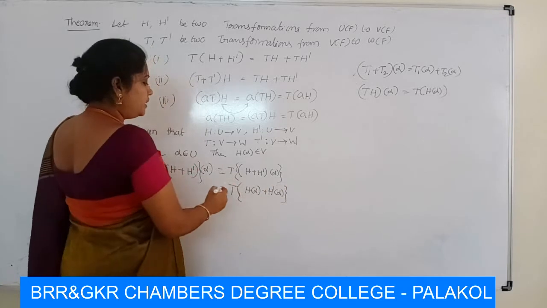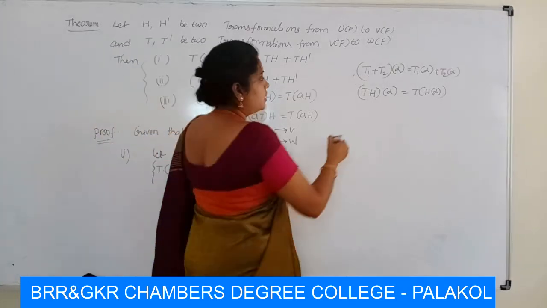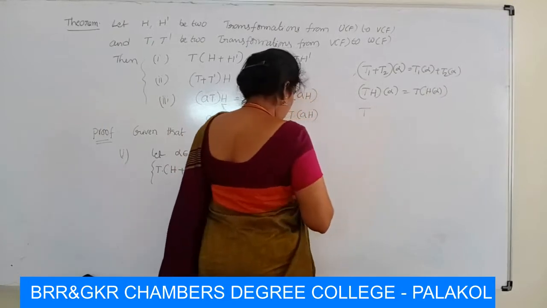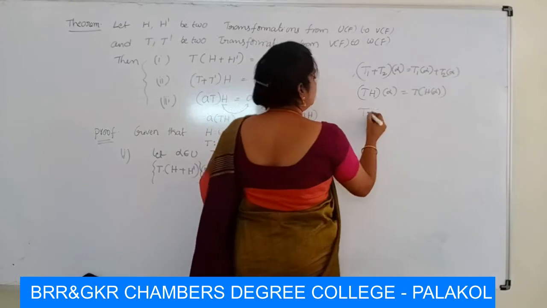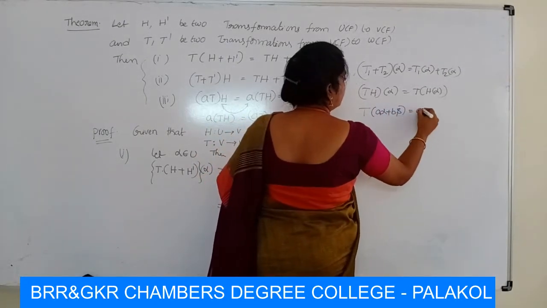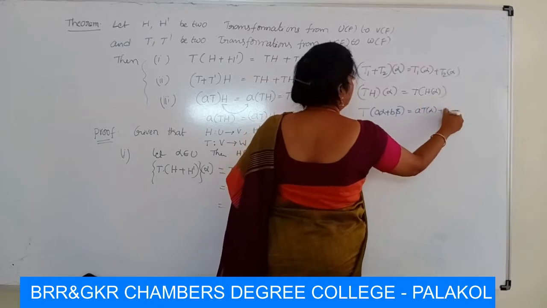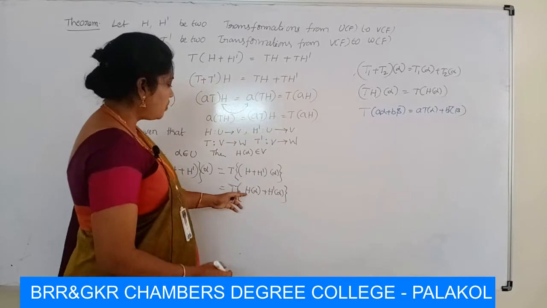So now we apply the definition that T is a linear transformation, that is, T of a alpha plus b beta is equal to a into T of alpha plus b into T of beta. Here the scalars are 1 and 1.